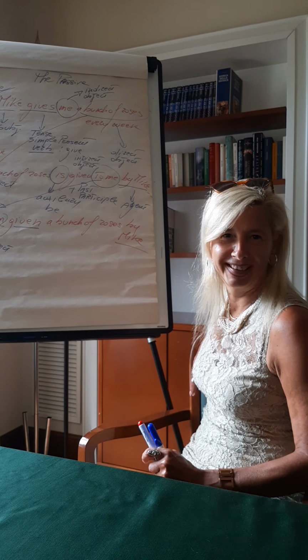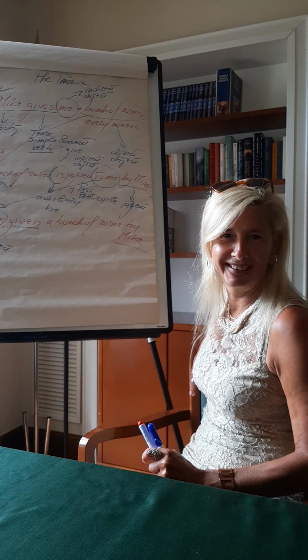We have a second possibility for the passive form, which is the most used. It's called the personal passive form. So, what is the indirect object of your active sentence becomes the subject of your passive sentence.